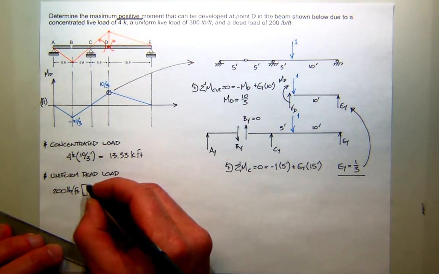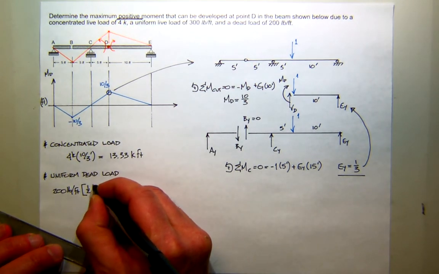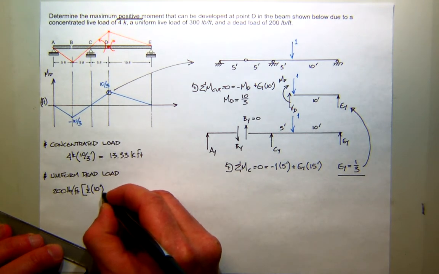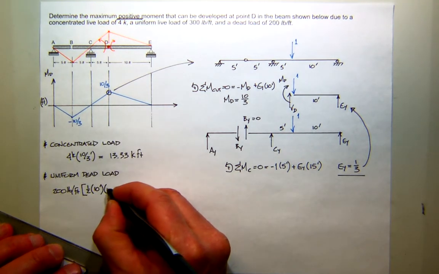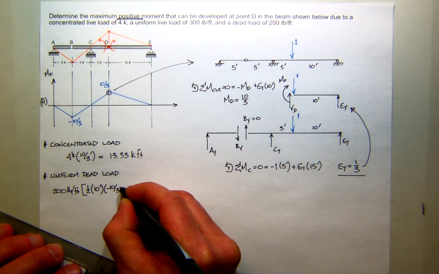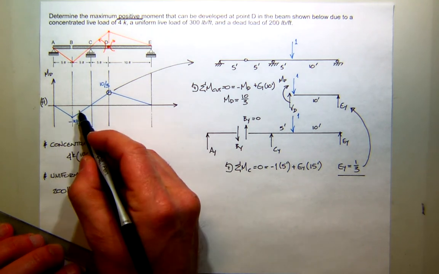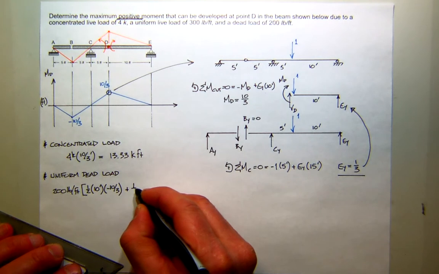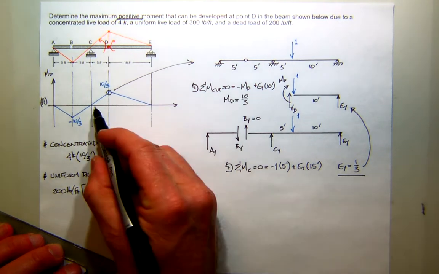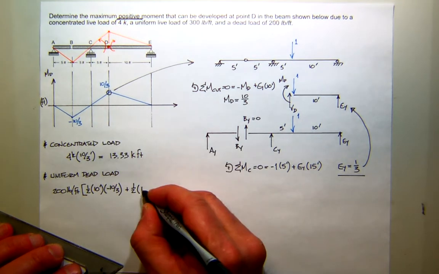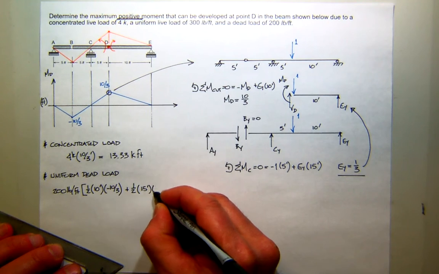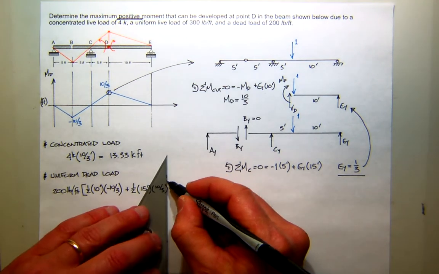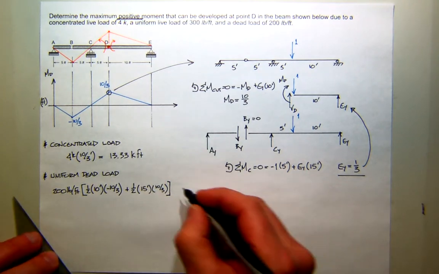So they're all triangles, so it's going to be 1/2 the base. The base for the first one is 10 feet times the height, which is minus 10/3. So that accounts for this section. And then plus the second section, which is 1/2 the base. The base here is 15, and the height is positive 10/3. So you guys will have to compute that for me. I'm not sure what that is.